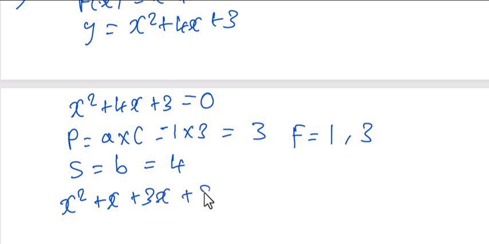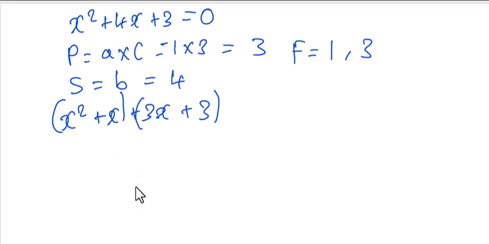We group the first two terms and the last two terms. Hence we factor out what is common: x is common, and we remain with x plus 1, then plus what is common here is 3, and we have x plus 1.